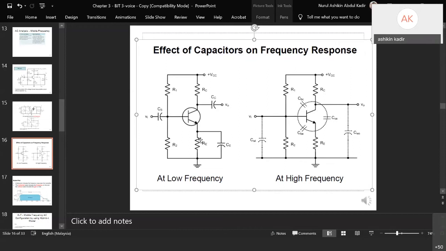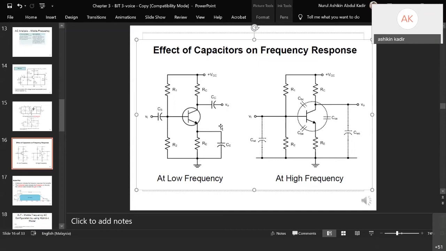During mid-frequency analysis the capacitor is short circuited in our simplified circuit. But if we don't have CE at RE, during mid-frequency analysis we need to draw the RE. When we draw RE, you see that the current coming from the collector to emitter will be divided. So the V out will also be affected.